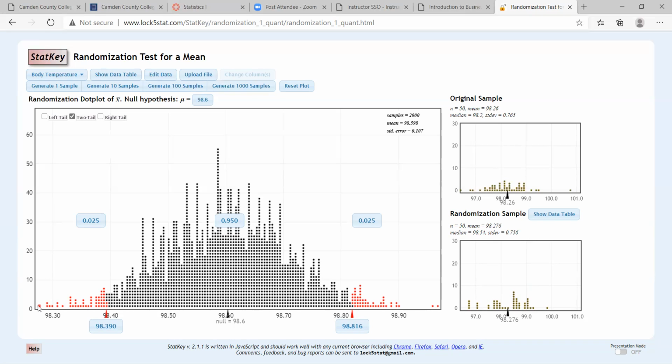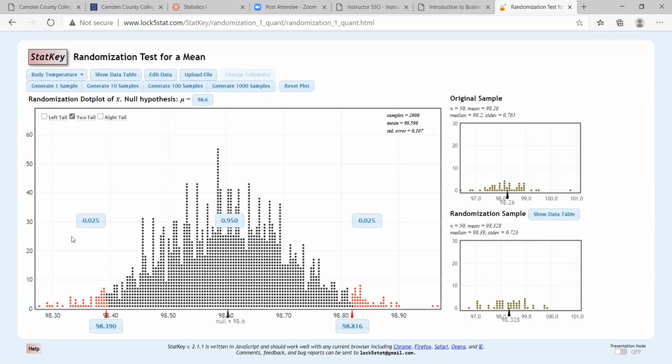Yes. So we would say it's in the rejection region, and therefore we would reject the null hypothesis that the mean is 98.6. That's what we do in this case. Now we know 98.6 is what's accepted, right? But based on this sample, based on the simulation, we're going to reject the null hypothesis.